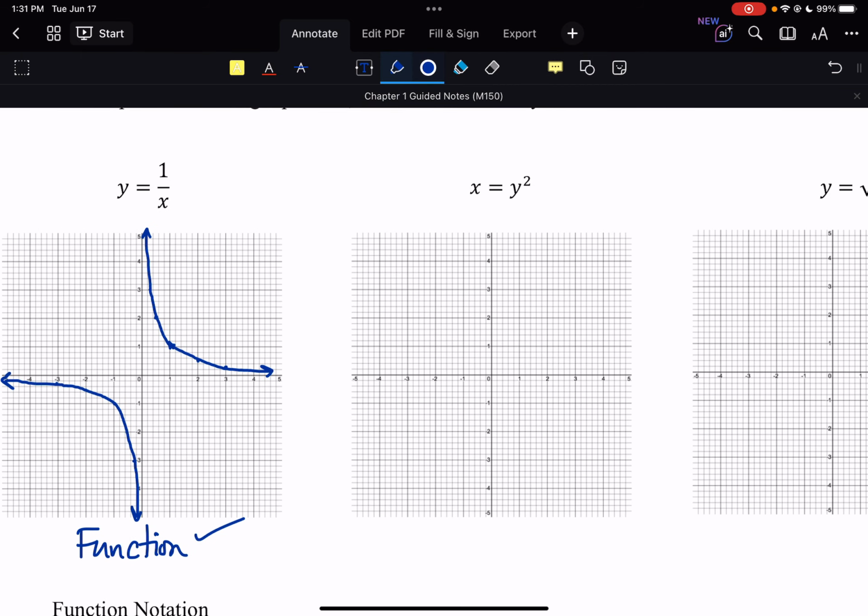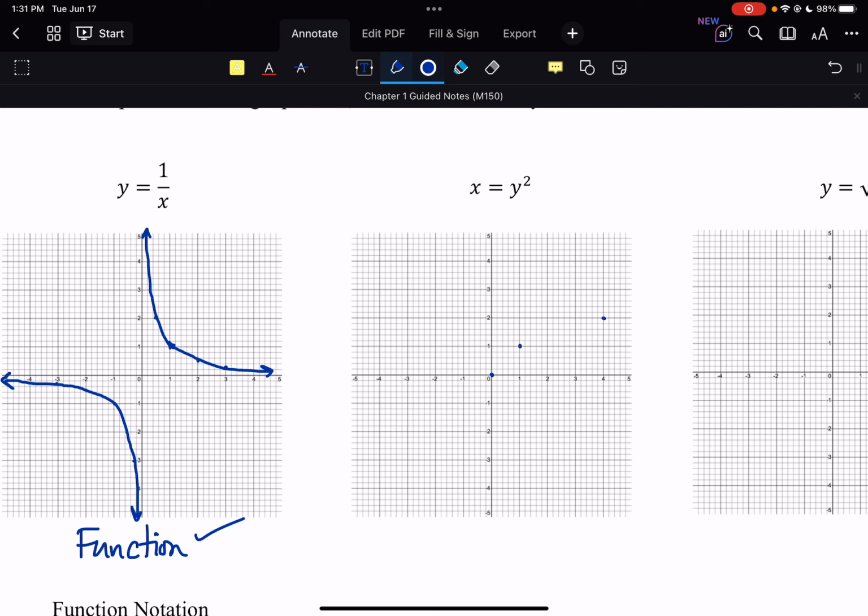Now, if we look at this next one, we have x equals y squared. So this is a parabola, but it's not y equals x squared. It's the other way around. So when we plug in different y values, we can get out the x's. When y is 1, x is 1. When y is 0, x is 0. And when y is 2, x is 4. So that's going to be right there.